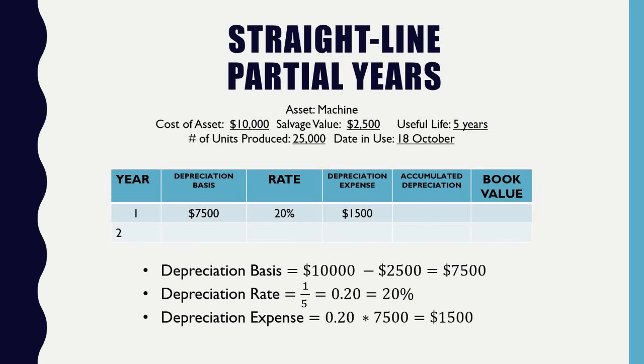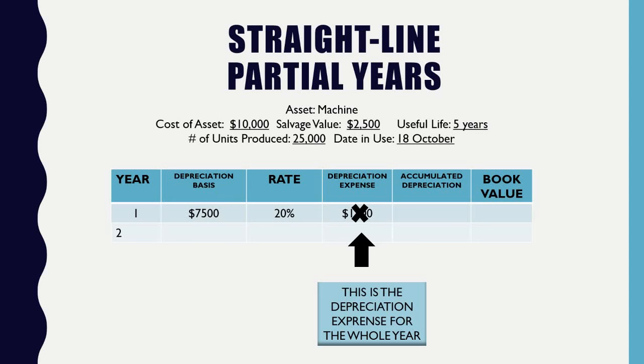Now, once again, this is how much I'm going to depreciate for the whole year. How old is my asset? Only 2 months old. So in this case, can I depreciate it for 1,500? No. Once again, we can't accept 1,500.